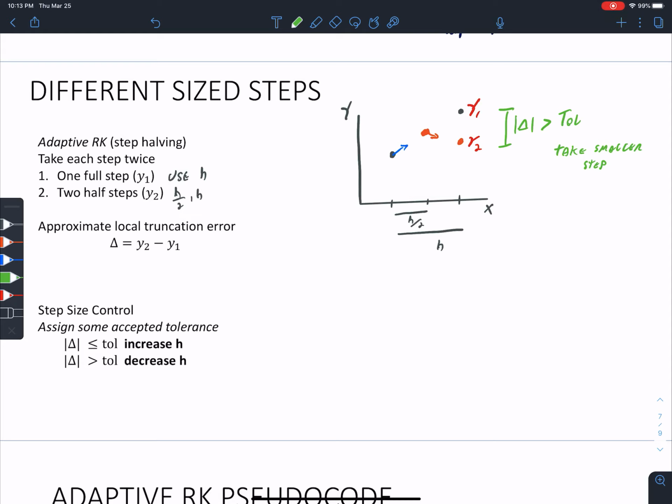Right? If this value is too big for our purposes, that means that there's a big difference between taking two small time steps and one large time step. So the original time step h that I had may be too big because it will cause some kind of large error, right?